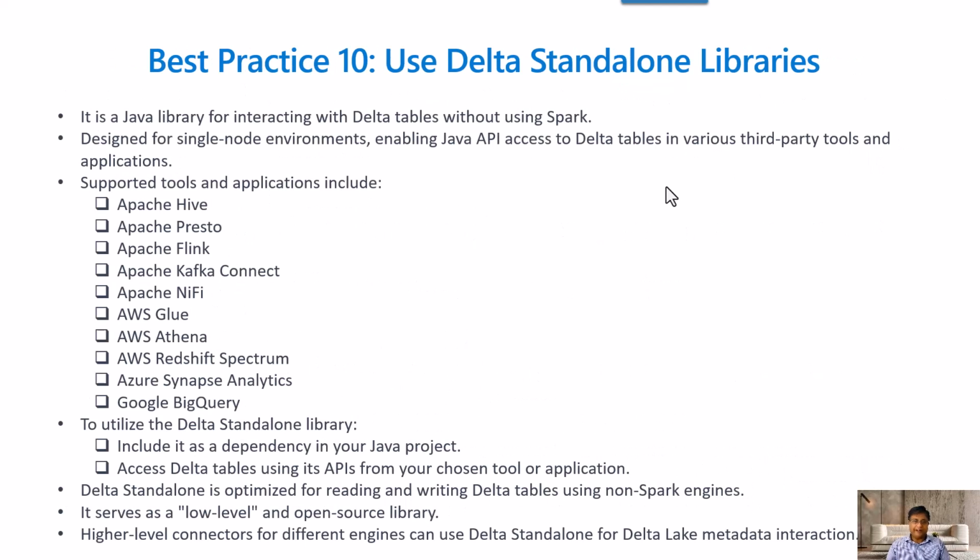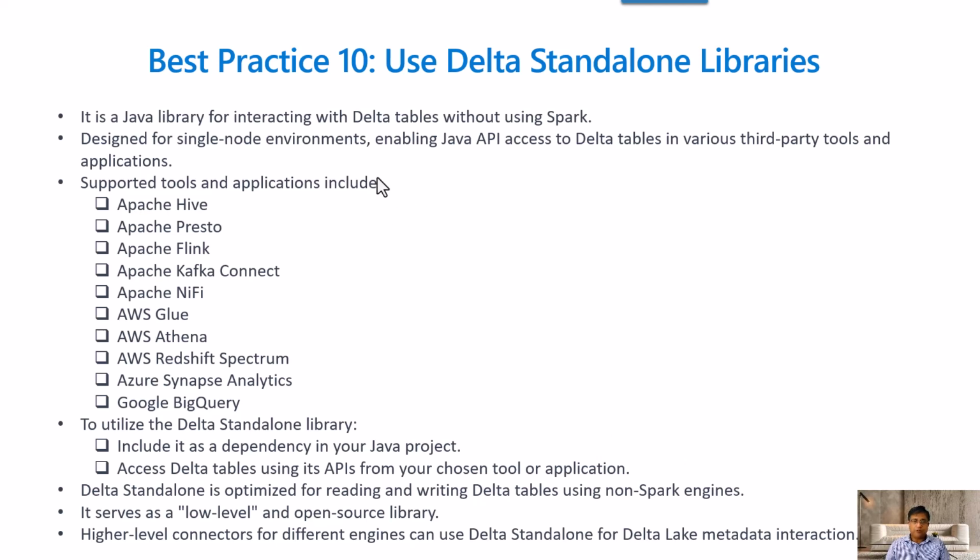Best practice number 10, use Delta Standalone libraries. The Delta Standalone library is a Java library which is used to interact with the Delta table without even using Spark. How does it help?